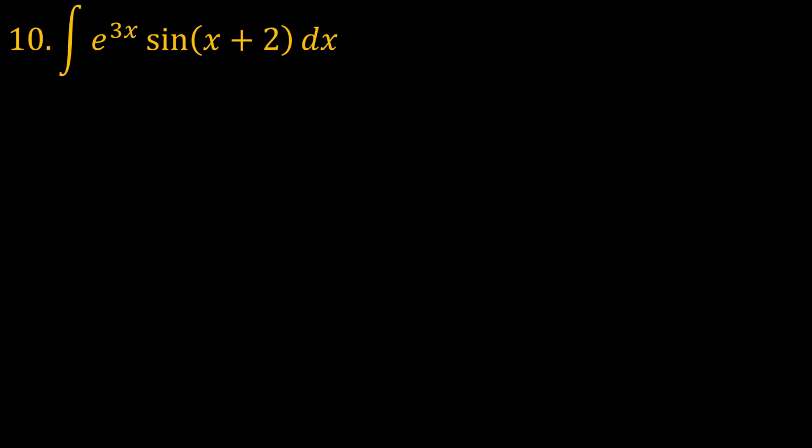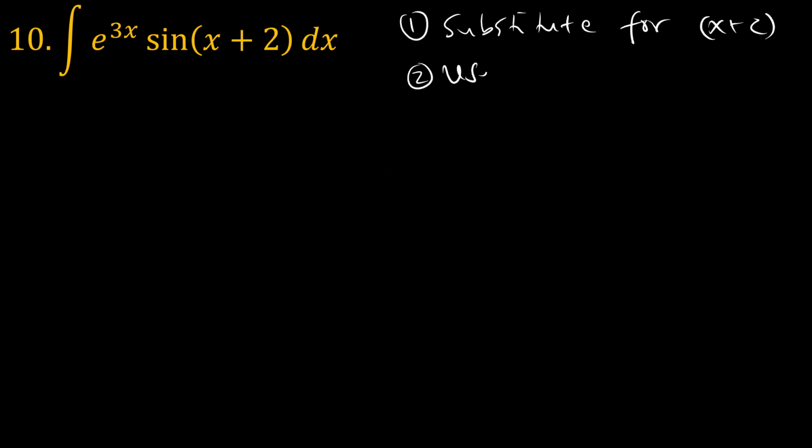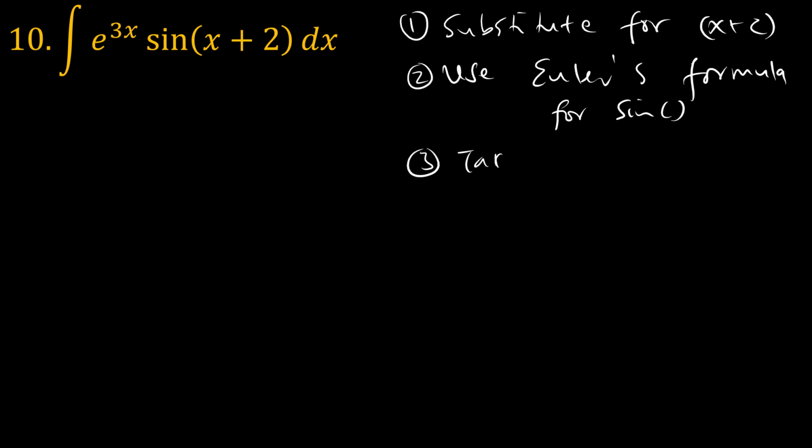First, substitute u for x plus 2, and then second, use Euler's formula for the sine function, and then third, take the imaginary part of Euler's formula.